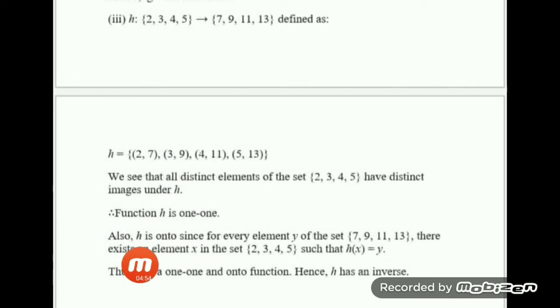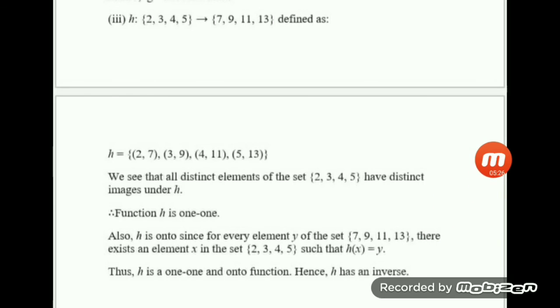Also, h is onto, since for every element y in {7, 9, 11, 13}, there exists an element x in the domain such that h(x) = y. So h is 1-1 and onto. Here we can give the conclusion: since h is 1-1 and onto, the function h is invertible. That means the inverse exists.